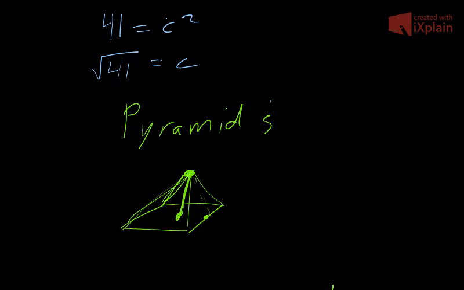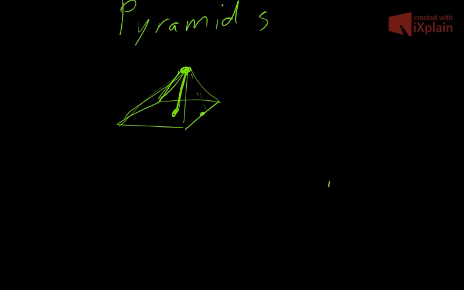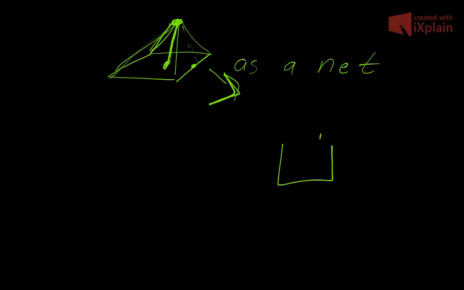Really, we're going to use the same way as we did with the cone. We're going to cut it in half, and use Pythagorean's theorem. So real quick, if I drew this as a net, just so we can see what's going on a little bit better. Drawing out the net of my pyramid here, I'd have my square base with my triangles. My slant height would be, that last one was an awful triangle.